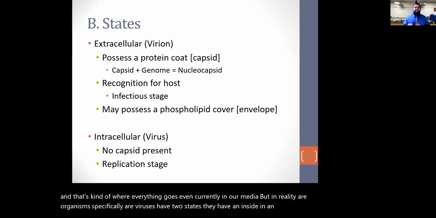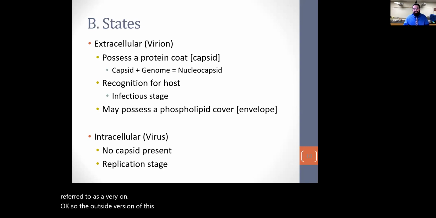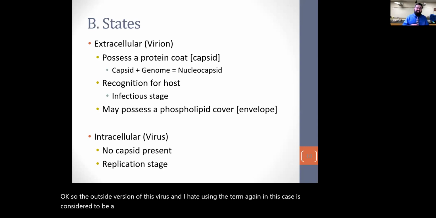In other words, they have an extracellular state and an intracellular state. The extracellular state is referred to as a virion. So the outside version of this virus, and I hate using the term again in this case, is considered to be a virion. Only when it gets inside the host, inside the cell that it's trying to hijack, is it usually called a virus.